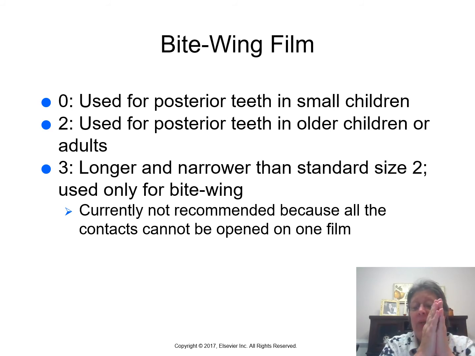We can't get the x-ray beam to penetrate through because there's a curvature of the arch, and that film doesn't allow for the x-ray beam to pass cleanly through the contact areas of the teeth. So when that happens, we get an overlapping, and I can't tell where one tooth starts and the other tooth ends. So if my primary goal is to be able to see in those interproximal areas so that I can detect if there's any decay there, with them overlapped, I can't see. So we no longer use the number 3 size film.